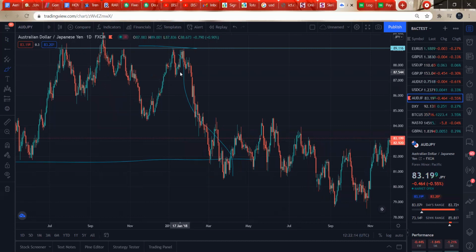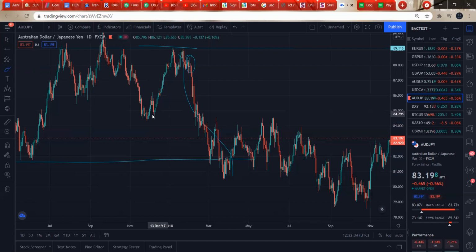So if it's selling like this, it's going to be the last bullish candle before a strong push to the downside.